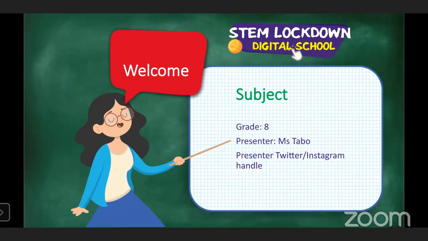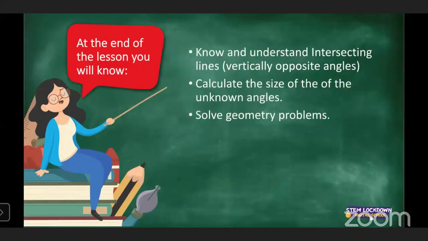So for today's lesson, we'll be doing vertically opposite angles. Our objectives of the day will be: one, know and understand intersecting lines, in brackets, vertically opposite angles.